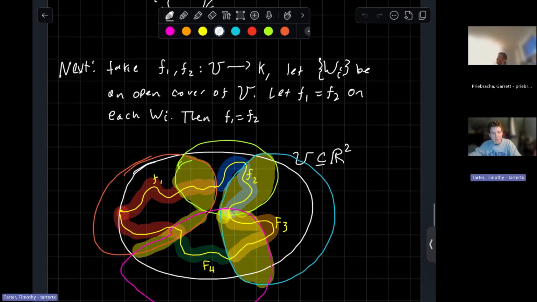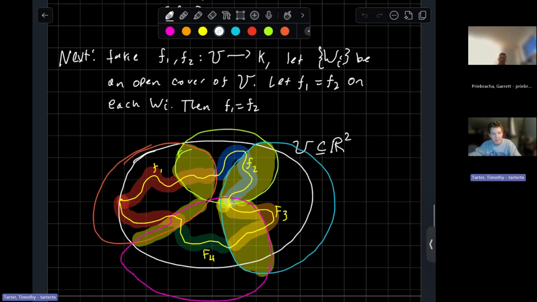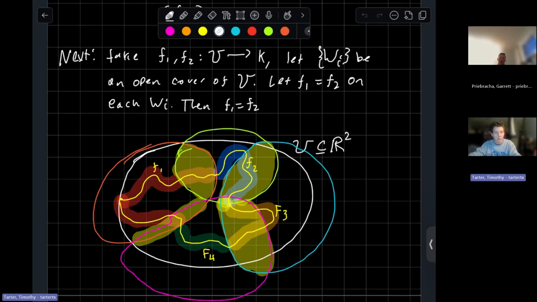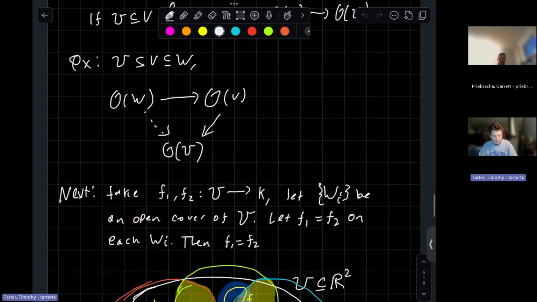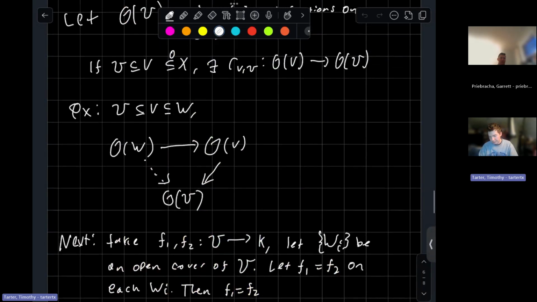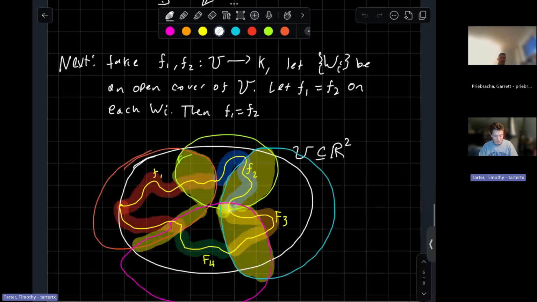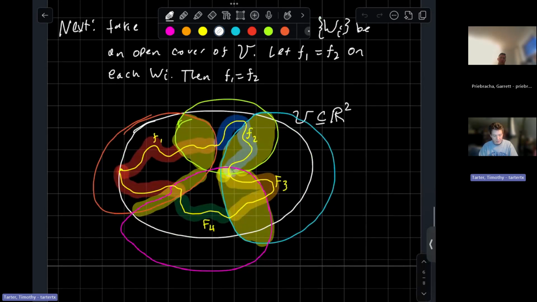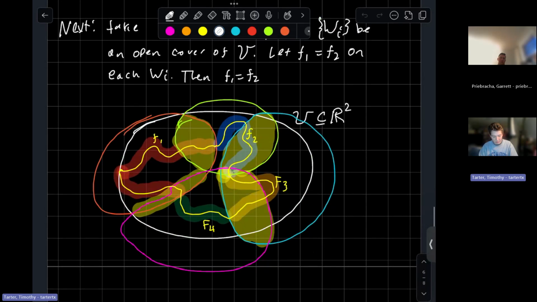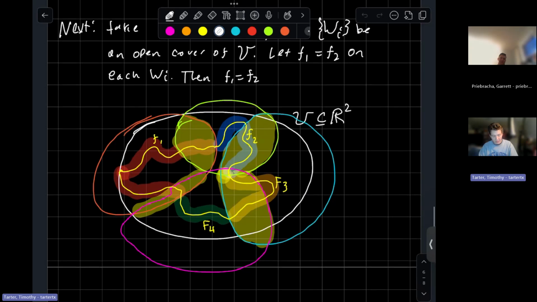Our picture of this was that in the yellow highlighted sections, since our functions agreed, we were able to glue F1 to F2 to F3 to F4 to F1. I'm going to make a bold claim ahead of all of this: this construction of restriction maps, in this case to the orange, green, blue, and purple subsets, is a pre-sheaf.